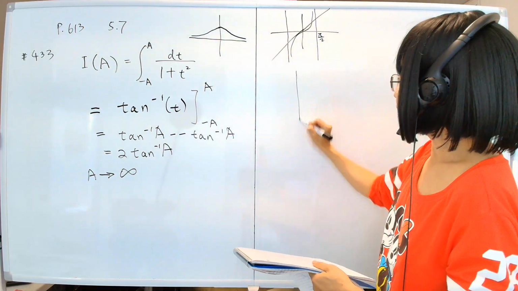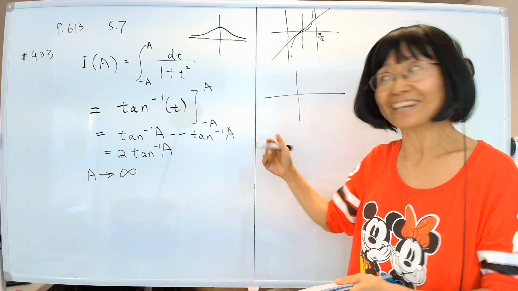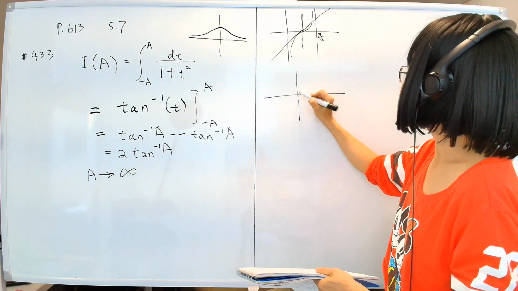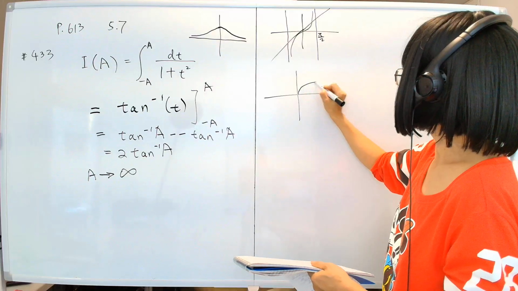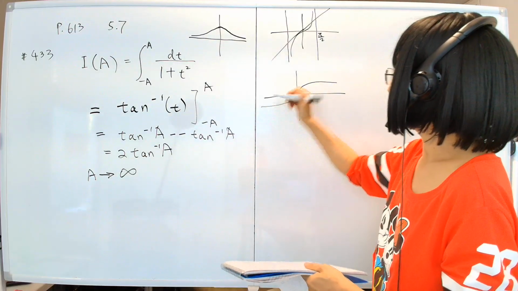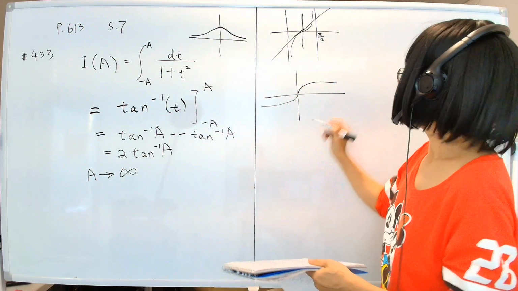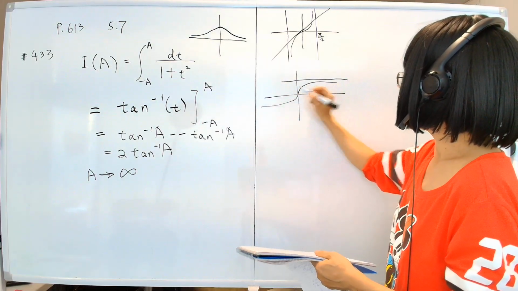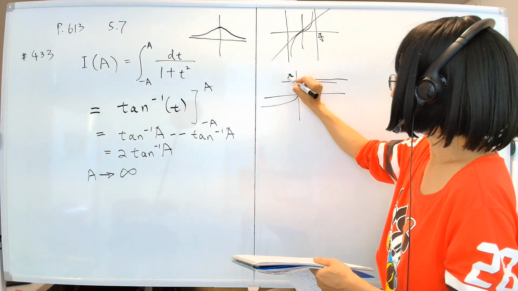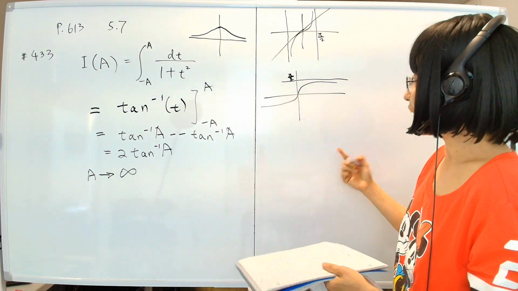Or you can just plot it, and not worry about what it looks like. You flip it in your mind, and it looks like this. And anyway, the inverse tangent does this, where there's an asymptote at pi over 2.